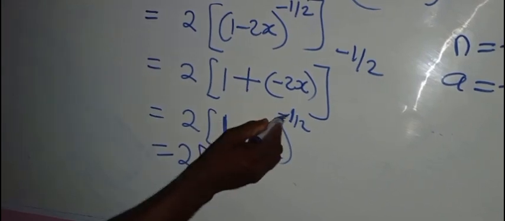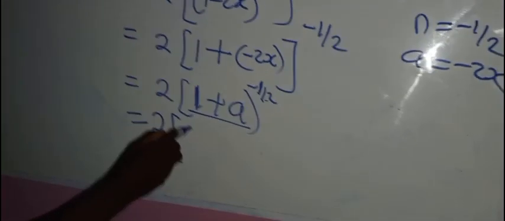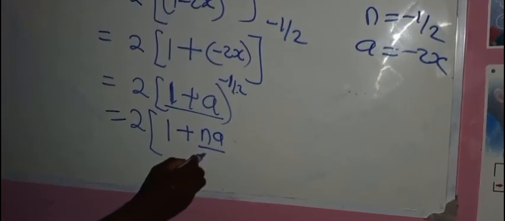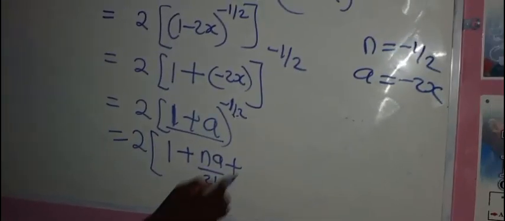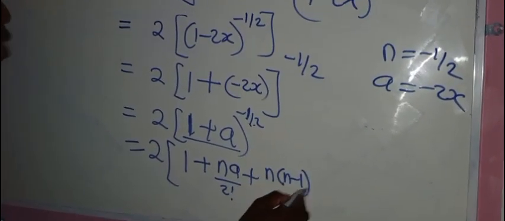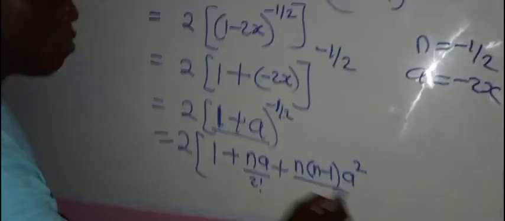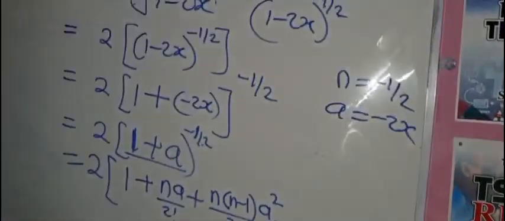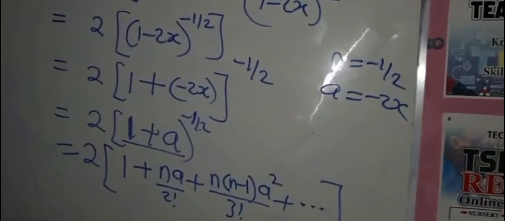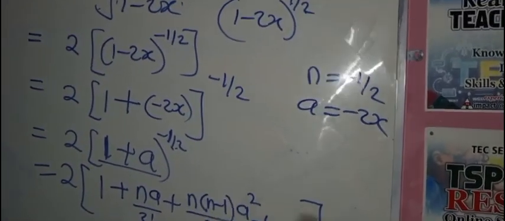Once the exponent is not positive, once it's fractional or negative, you will use 1 plus na over 2 factorial plus n. It will reduce into n minus 1. Then it will become a squared over 3 factorial plus, once you do 3, don't forget, stop, because you keep on reducing, it will keep on becoming insignificant.